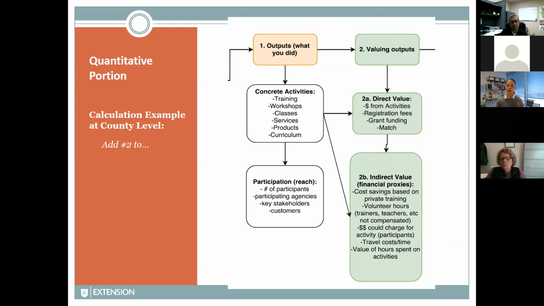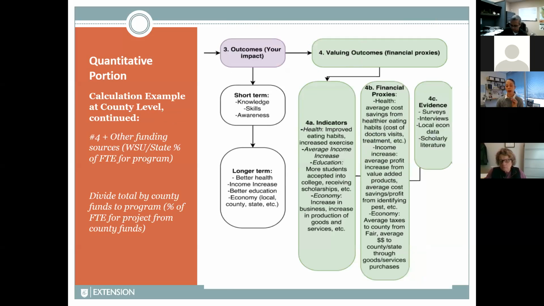Cost savings, dollars that participants could be charged but aren't necessarily charged, travel costs, value of hours spent at activities, volunteer hours. All of those are not necessarily dollars you can add up in a spreadsheet. Instead, it becomes a proxy that we try to add to the direct value. So we take this, which is valuing outputs, and we add them to our financial proxies for valuing outcomes as well.